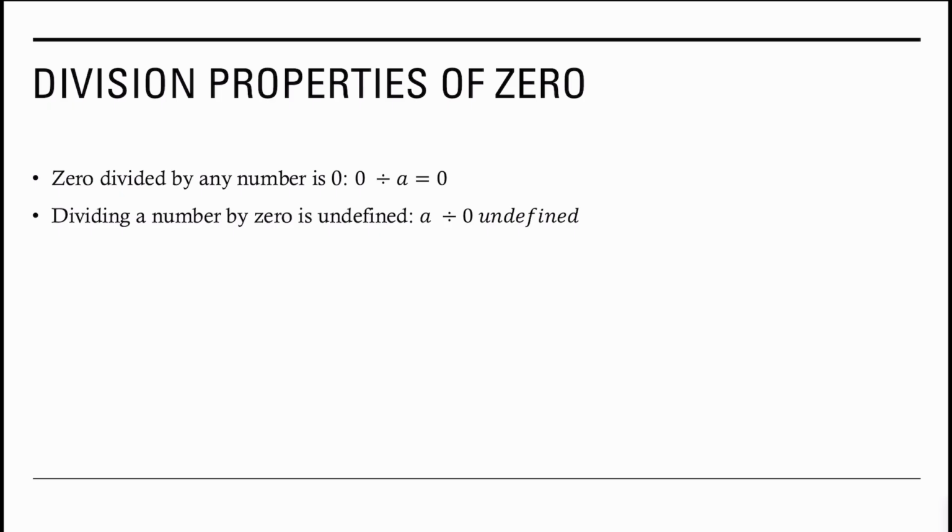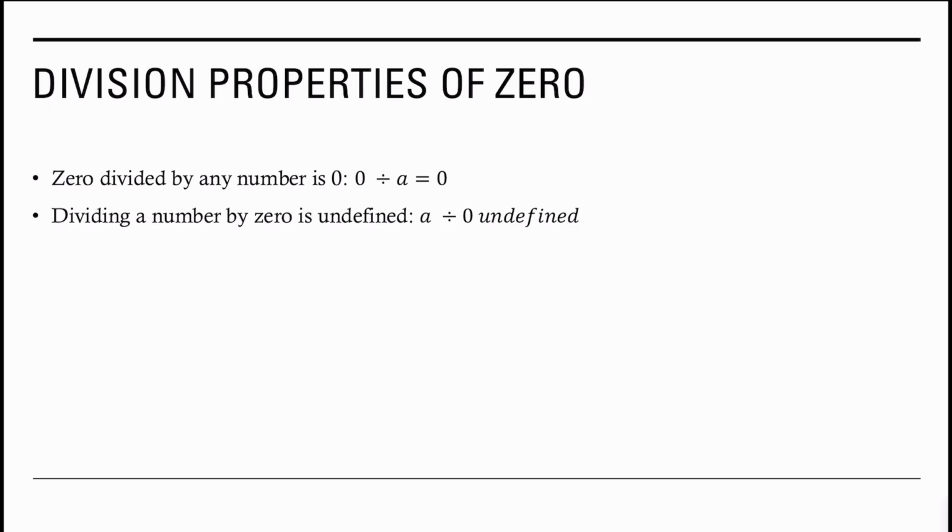And so it would end up being 0 in any case. So any number that acts as the divisor, and so if 0 is the dividend, you will always get back 0.